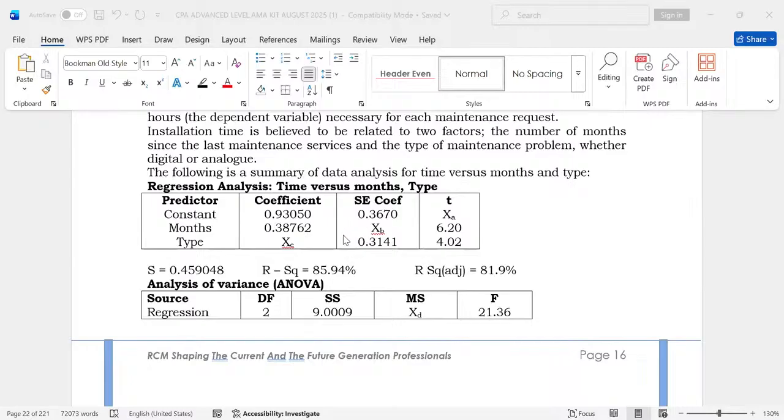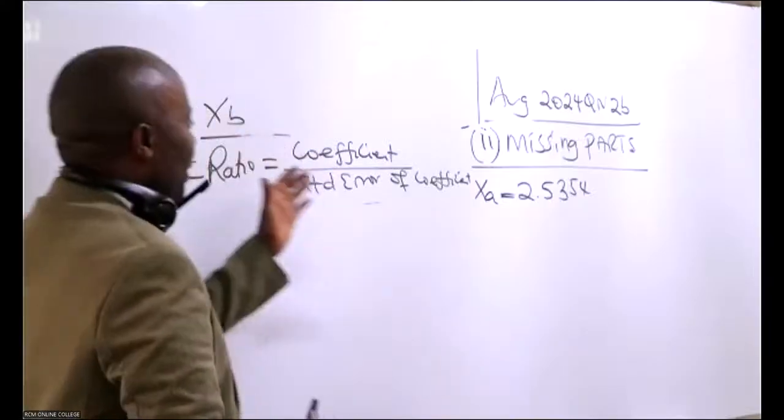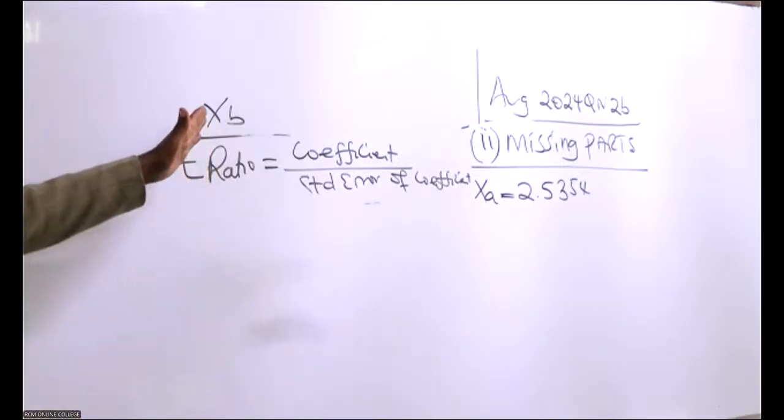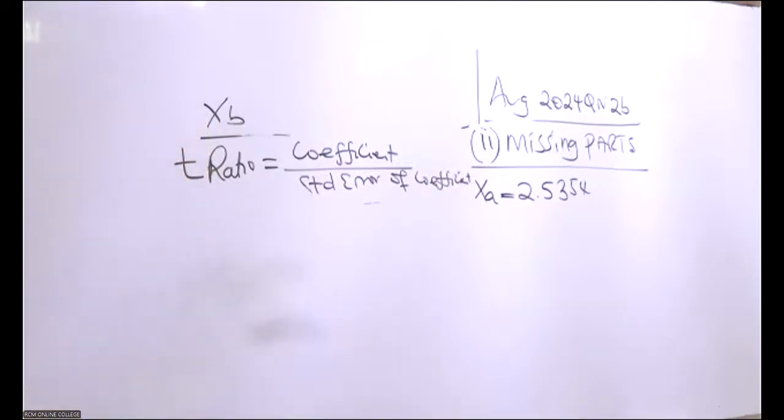In this row where you are seeing XB, you can see the T ratio is 6.2, and the standard error is missing, and then the coefficient is 0.38762. So mine is simply to write down this formula. Now we are getting XB.